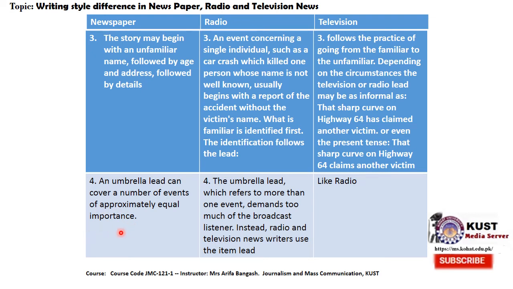In radio, the umbrella lead, which refers to more than one event, demands too much of the broadcast listener. Instead, radio and television news writers use the item lead. Now in television, the same applies as in radio.